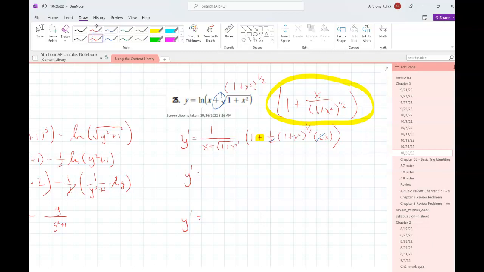What would that common denominator be? It'd be 1 plus x squared to the 1/2. That's correct.